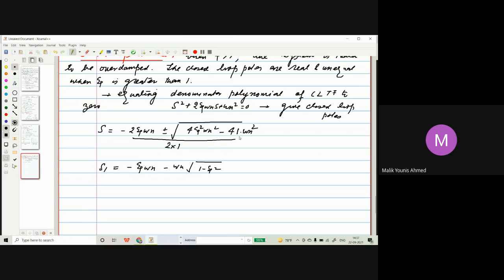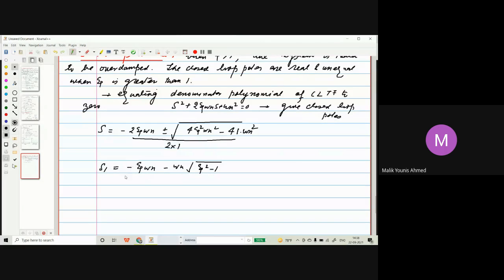So from 4 omega n square we can take 2 common, so that will be 2 omega n. The 2 will get cancelled, omega n will be left, and inside will be xi square minus 1. So that will be the first root.